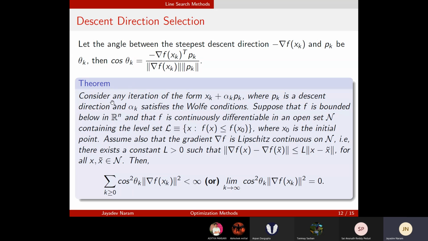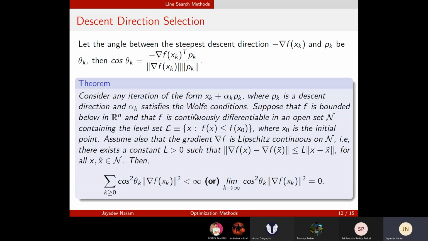What this result tells us is that you have an algorithm in which every iteration updates the solution as xk plus alpha k pk, where pk is a descent direction and alpha k satisfies the Wolfe condition. So you have an optimization method which picks a step direction which is a descent direction, and also a step length which satisfies the Wolfe condition.